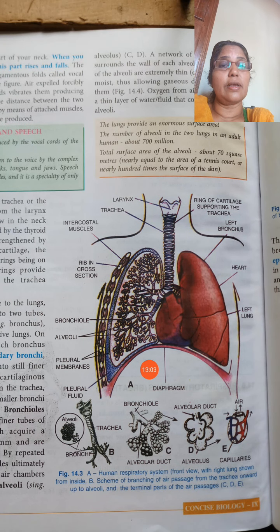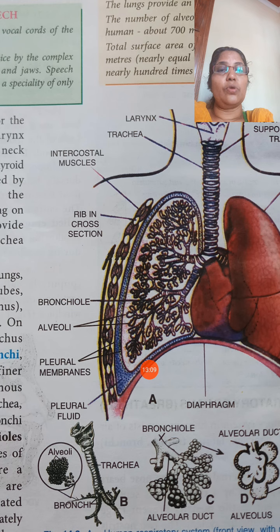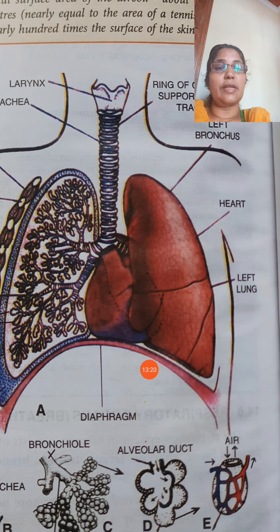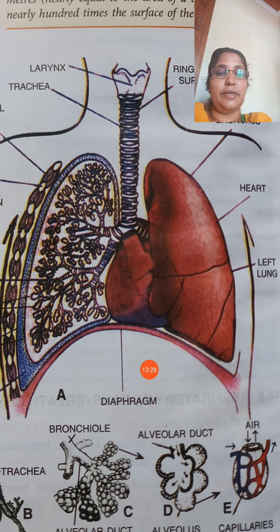It is fully touching the inside part of the thoracic cavity. You can see the thoracic cavity, and here intercostal muscles are there. You can see the rib, how the rib is covering. The lungs are touching the thoracic cavity, and have a triangular shape, and the wider portion is touching the diaphragm.